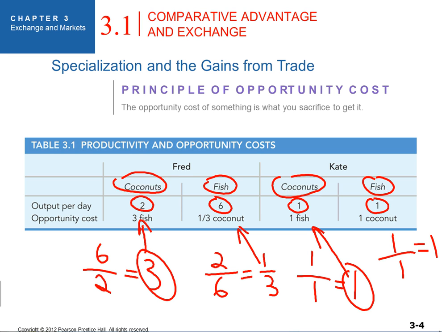Fred's opportunity cost of catching a fish is 1/3 of a coconut, and Kate's opportunity cost of catching a fish is 1 coconut. Now this is going to relate to why these two individuals are going to want to trade. And if you look at the next slide, I think it'll be really interesting to see why these opportunity costs are so important when we look at reasons why individuals trade.